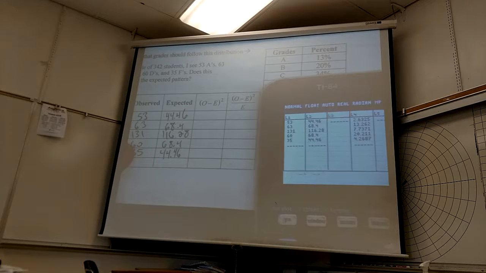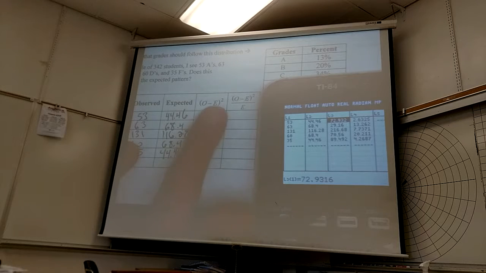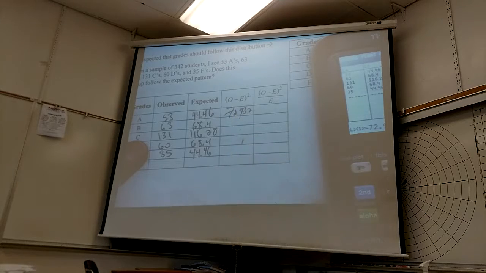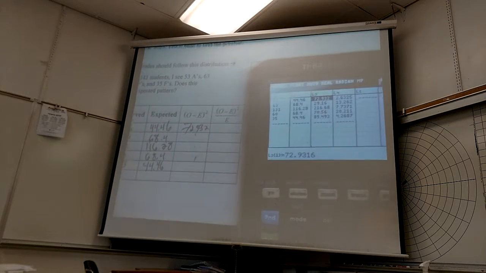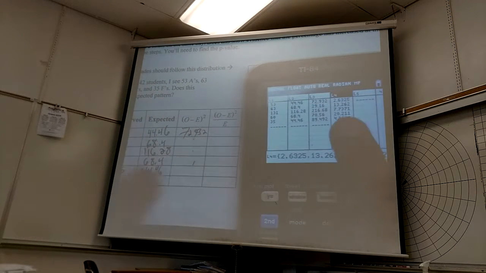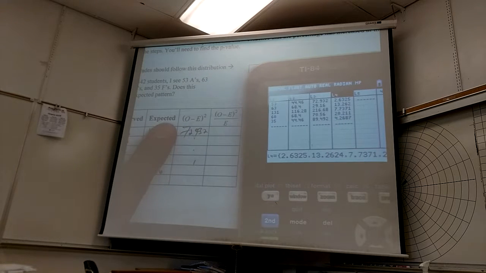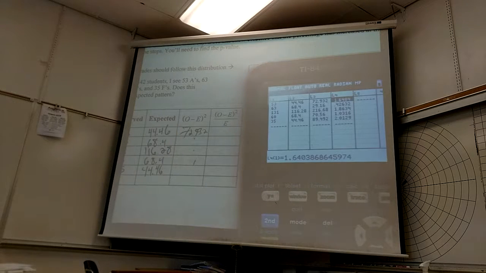If I just do that, it'll give me this column here, 72.932, and so on. And now if I make L4 equal to L3 divided by L2, that's where the expected values are, I'll get what we need to put there.